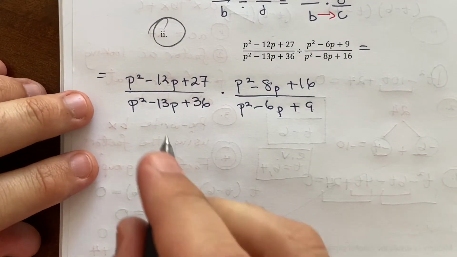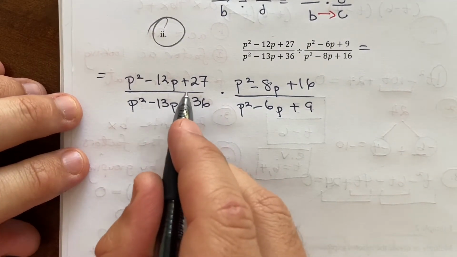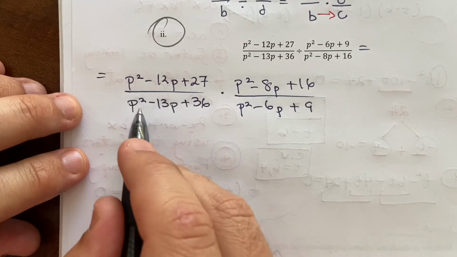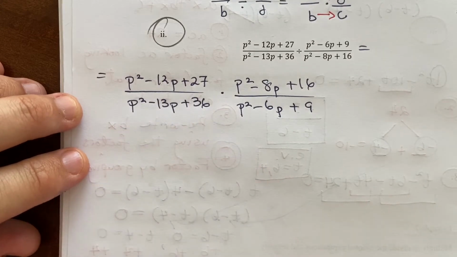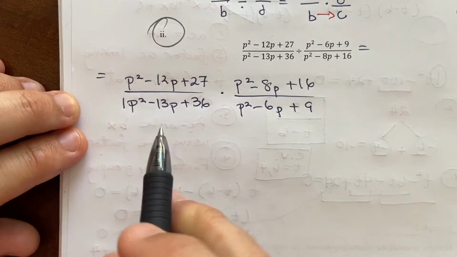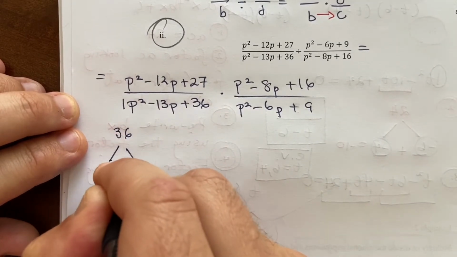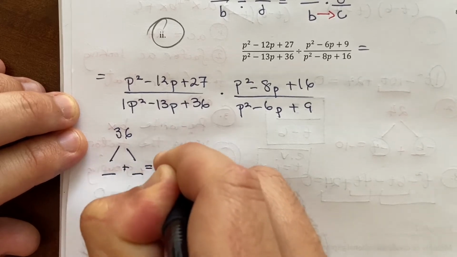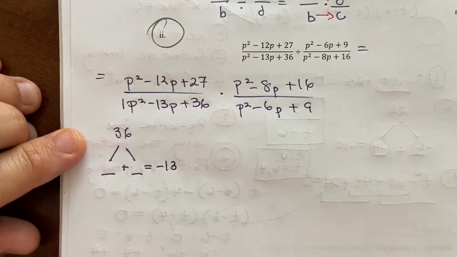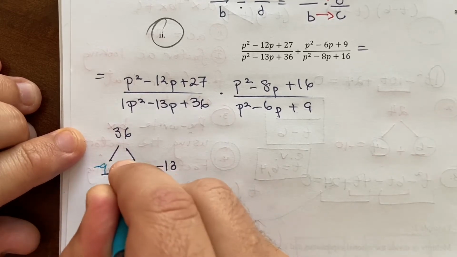So what I'm now doing is trying to factor this and set this equal to 0 to figure out excluded values. So I have a 1 times 36, that's 36. Then I'm looking for numbers that add up to negative 13 in this case, right? So let's see, negative 9 and negative 4.